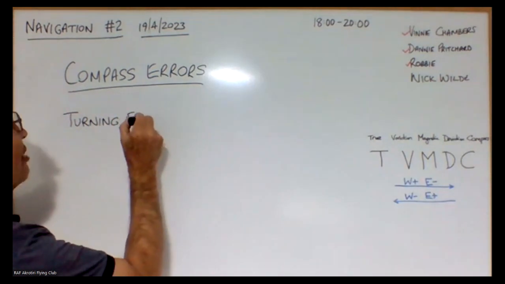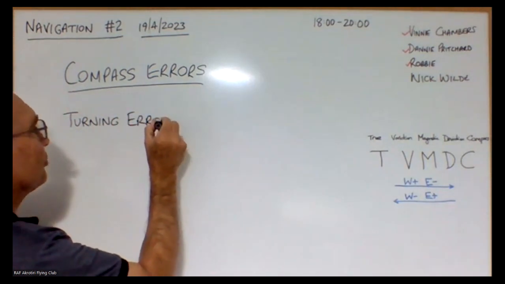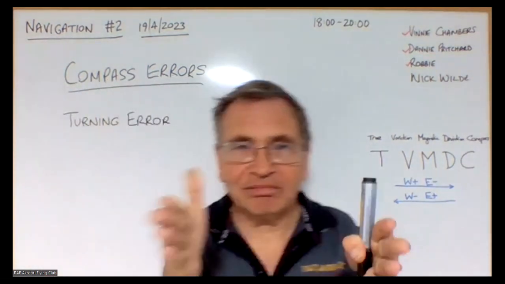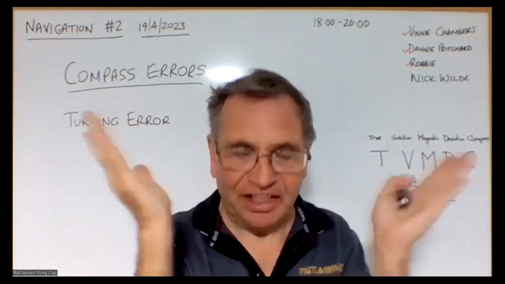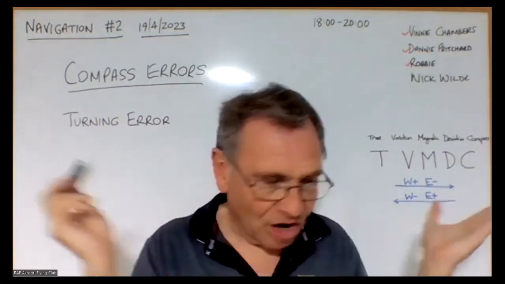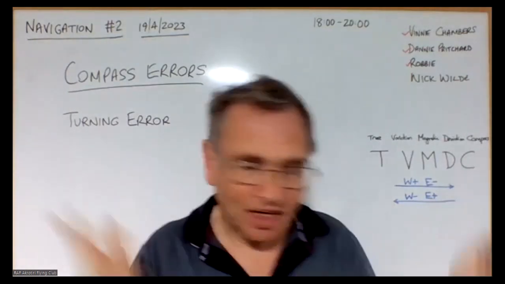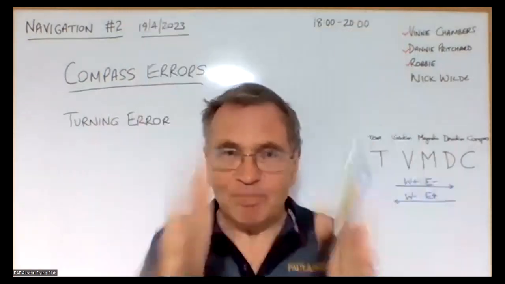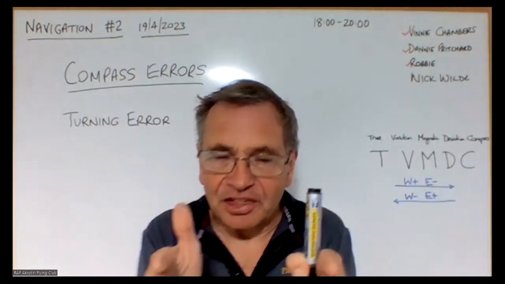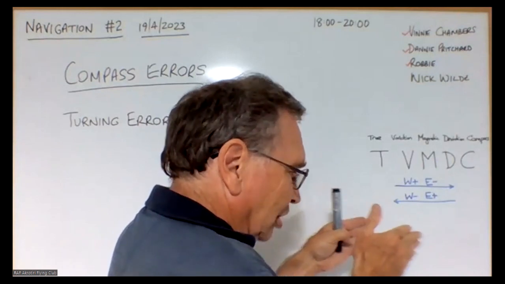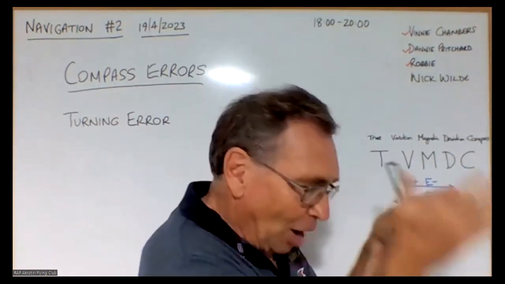Now, what a turning error is: if I get an aeroplane, it doesn't have to be an aeroplane, it could be anything. Boats, a rowboat, a yacht, it could be a car, doesn't matter. And I have a compass, and I turn the compass, and I'm holding this compass.